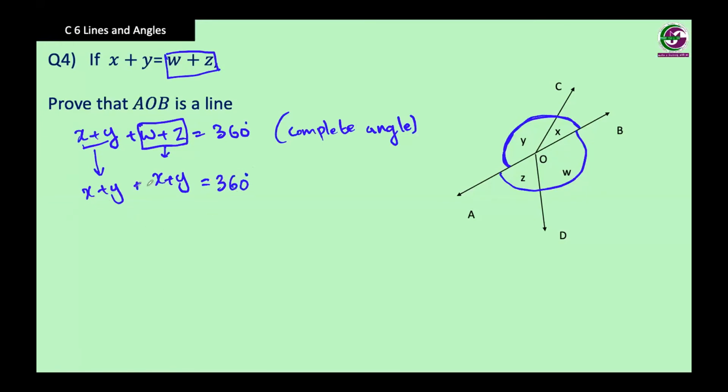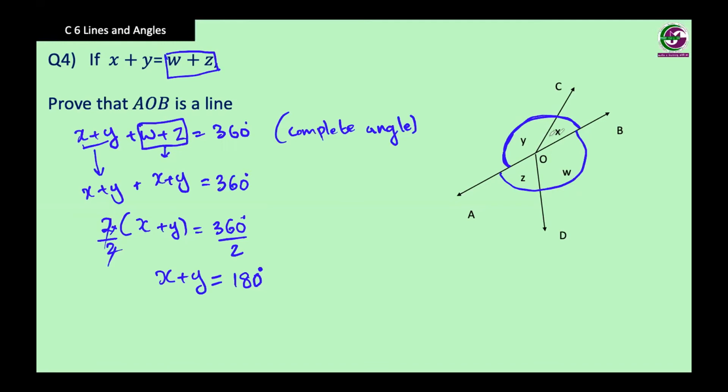Now we have x and x, 2x, y and y, 2y. So 2 is common. So 2 times x plus y is equal to 360 degrees. We have to remove this 2. It is multiplied, so it can be divided on both the sides. So this gets cancelled and we get the answer x plus y is equal to 360 divided by 2, which is 180 degrees.